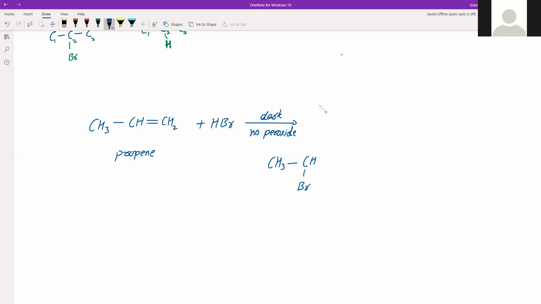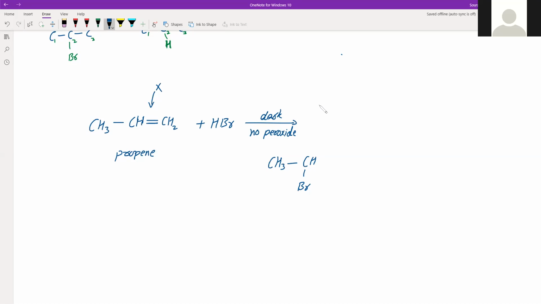Basically, this bond breaks. It is an example of an addition reaction. There is only one site of unsaturation here, that is this. So this bond has to break. When this bond breaks, the carbon here will be able to form a new bond, so that forms a bond with Br.